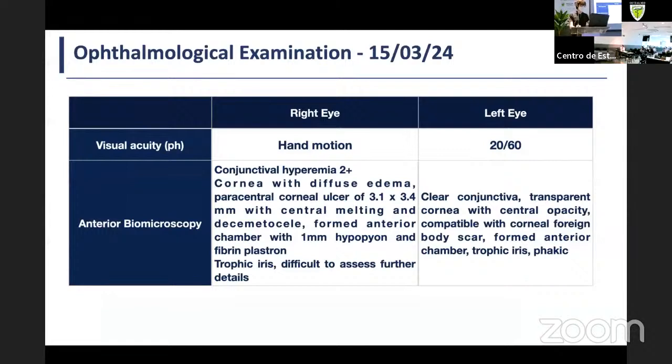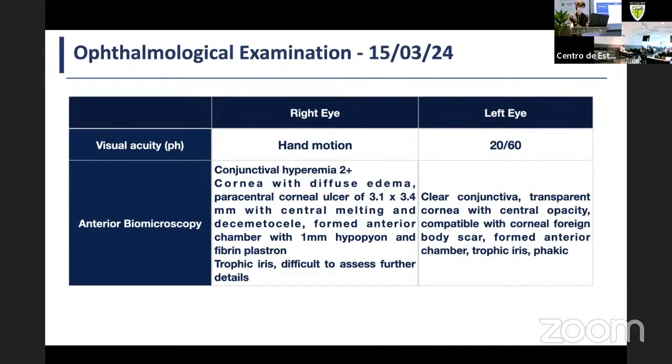This is the first ophthalmological examination on March 15. His visual acuity was hand motion in the right eye and 20/60 in the left eye. His anterior biomicroscopy showed conjunctival hyperemia of 2+ in the right eye, a cornea with diffuse edema, a paracentral corneal ulcer of 3.1 by 3.4 millimeters with central melting and descemetocele, a formed anterior chamber with a 1 millimeter hypopyon and a fibrin plastron, trophic iris, and it's difficult to assess further details.